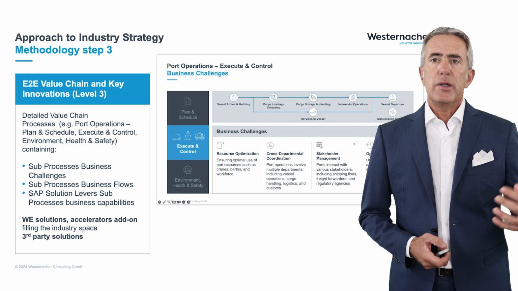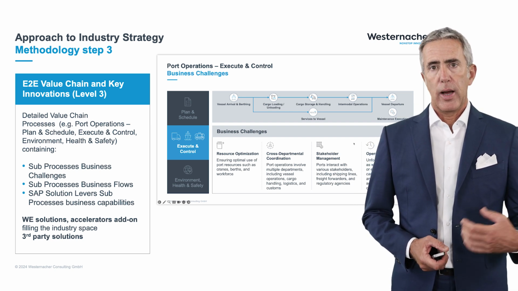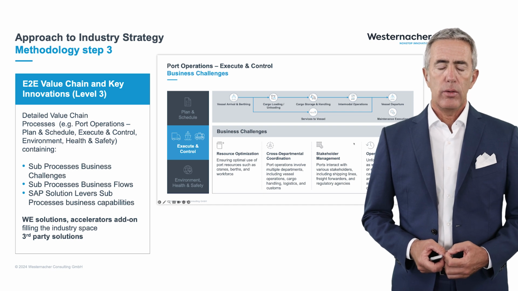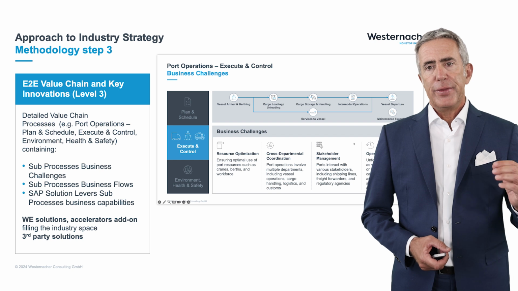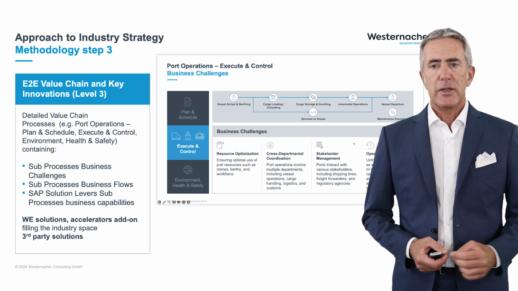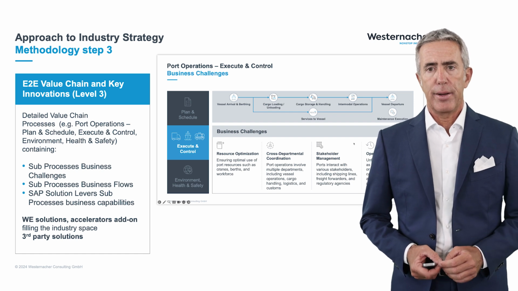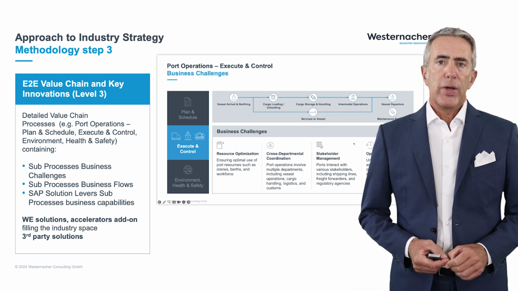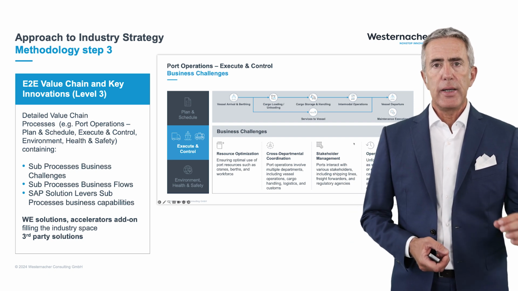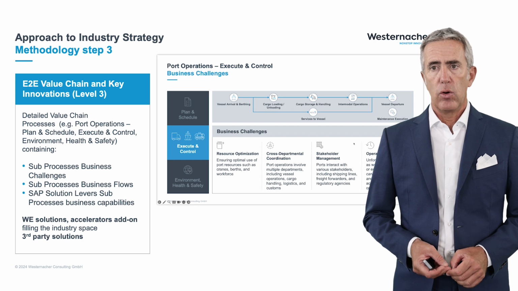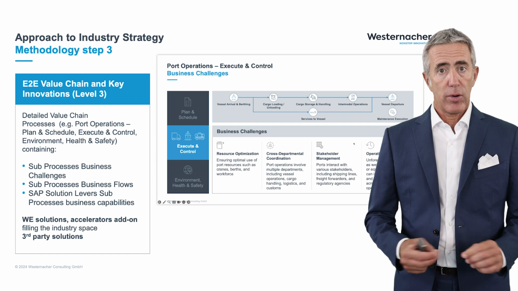As a third step of our approach and our methodology to the industry strategy, we went deeper in analyzing the basically process flow of each area. Basically, we open each sub-process, defining the key elements of the process flow and identifying what are the typical challenges of the process.